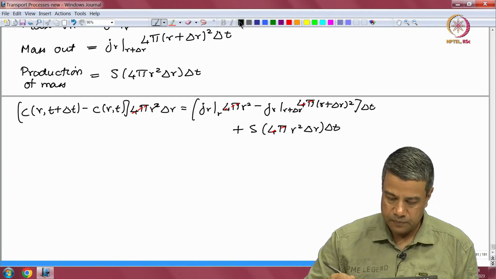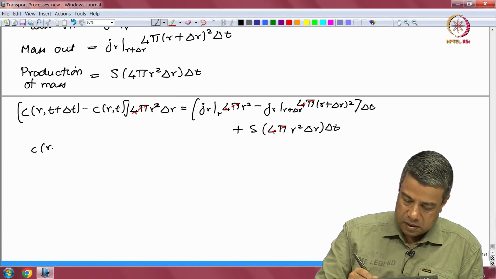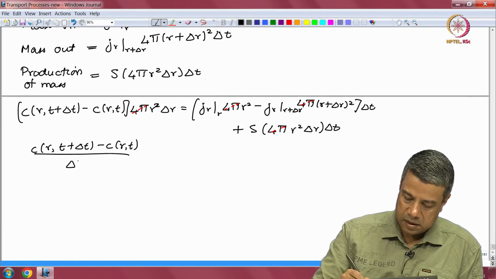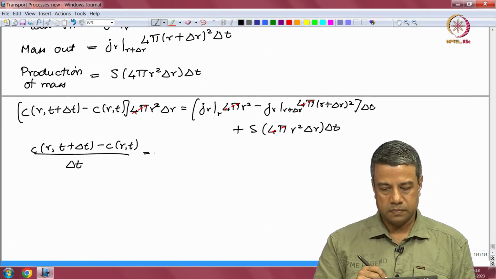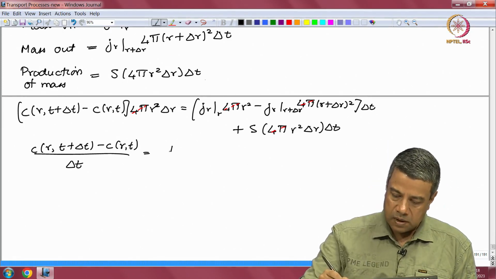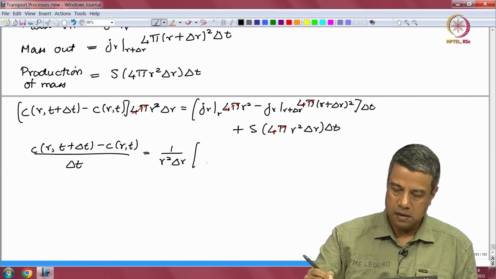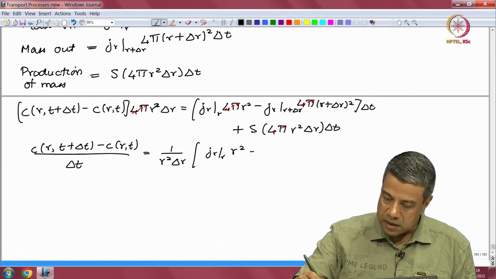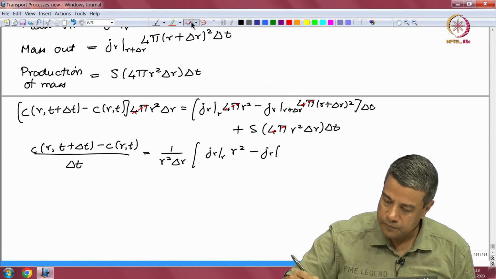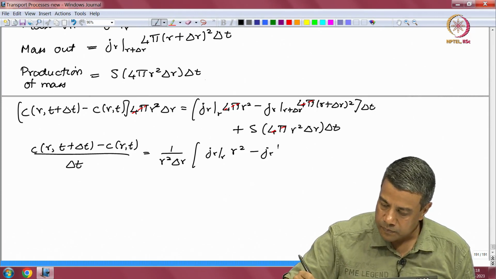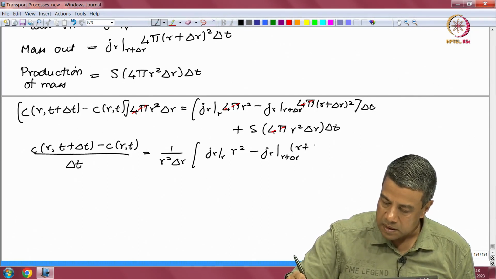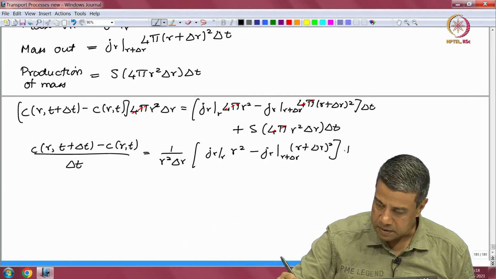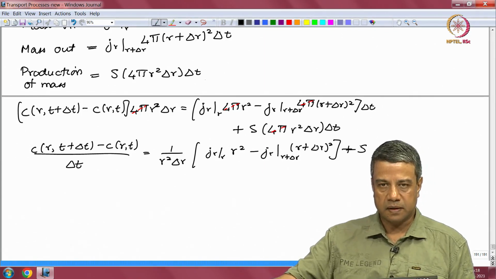And I will get C at r, t plus delta t minus C at r, t, by delta t is equal to 1 by r square delta r into J r at r times r square, minus J r at r plus delta r into r plus delta r the whole square, plus s, of course, because I have divided throughout by the volume and by time.